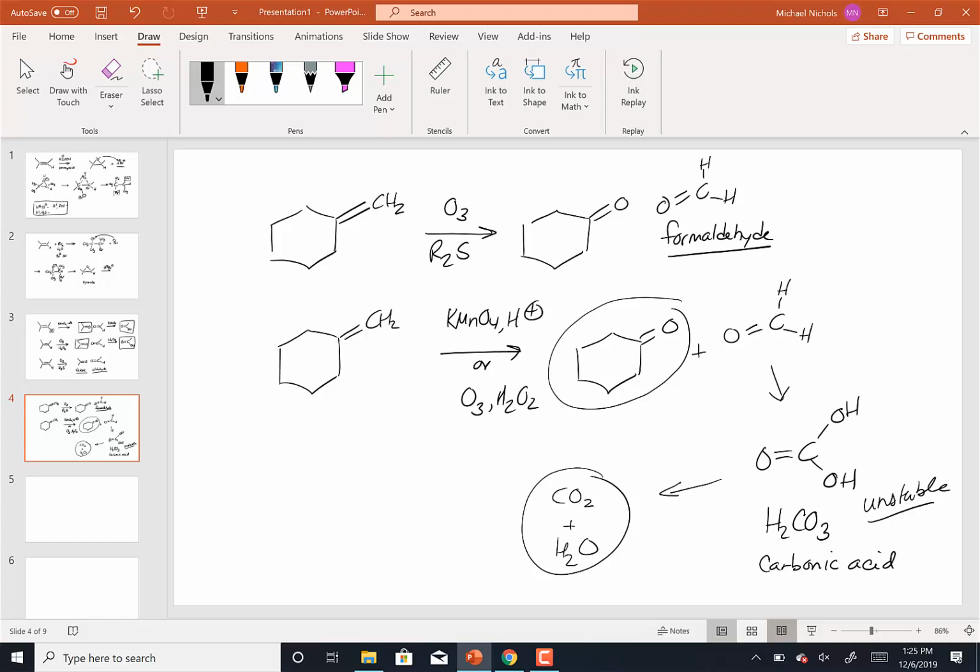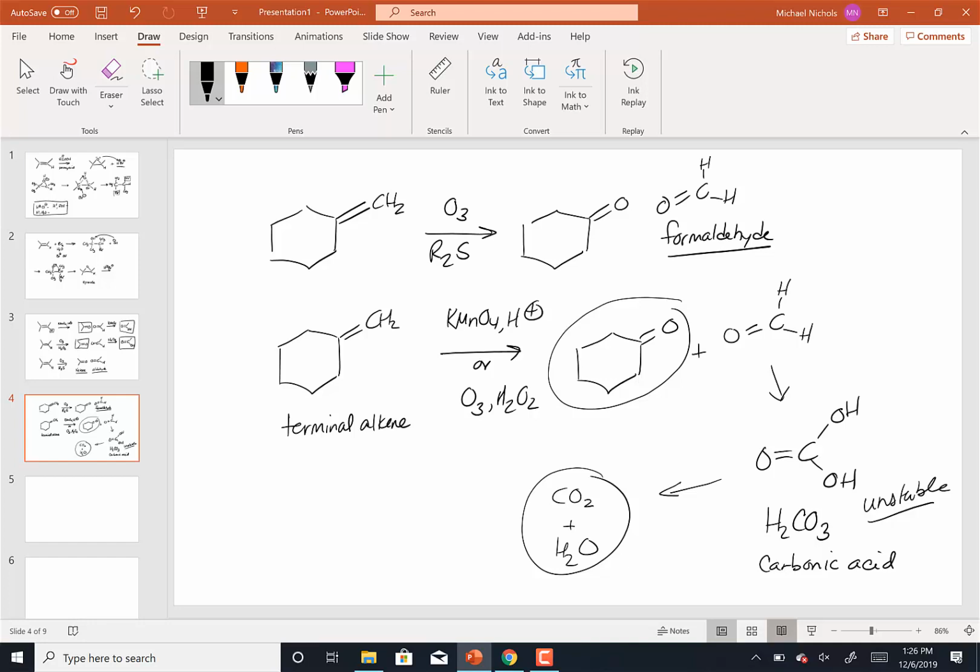Right. And when I talked about this, I did throw in the idea that in the old days, before spectroscopy that we'll learn about next semester in lab, if you knew you had a double bond in your molecule and you wanted to know if the double bond was at the end of the molecule, and this is sometimes called a terminal alkene, what you did was you did this ozonolysis, or you did the KMnO4 acid, and if the reaction fizzed, then you knew the double bond was at the end of the chain.